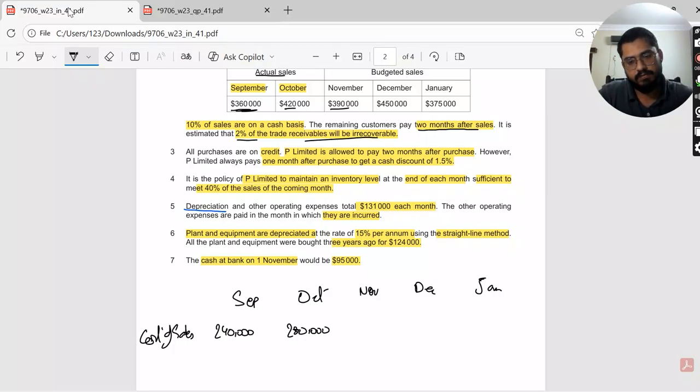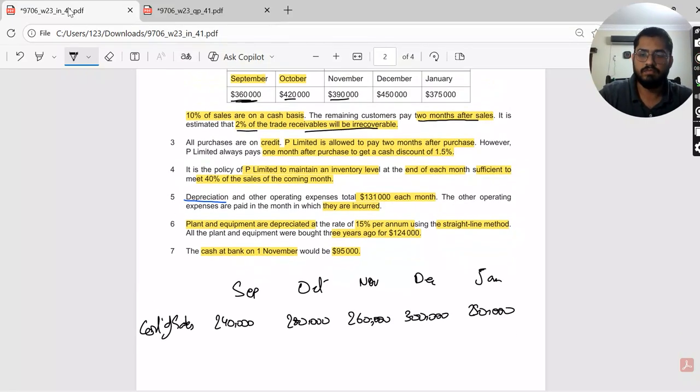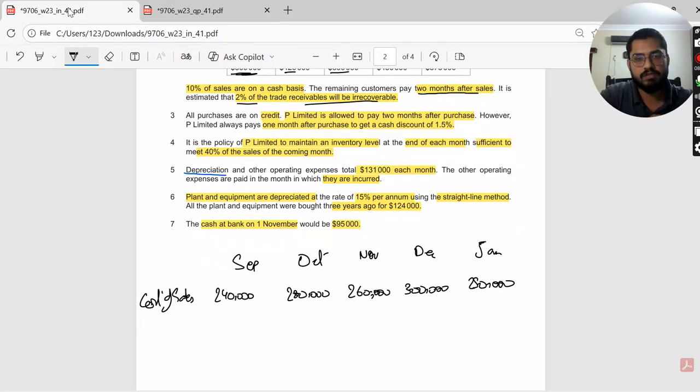For the month of November, this would be 260,000. Then for December, this one is 300,000, and for the month of January we have 250,000. Alright, now we have the cost of sales.